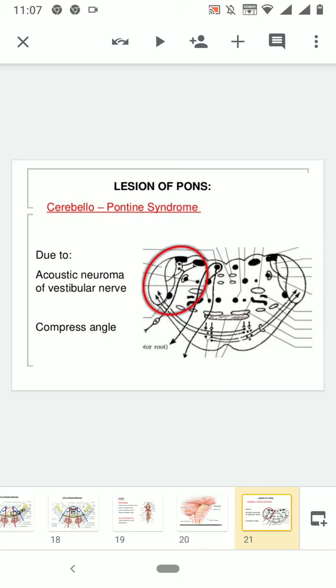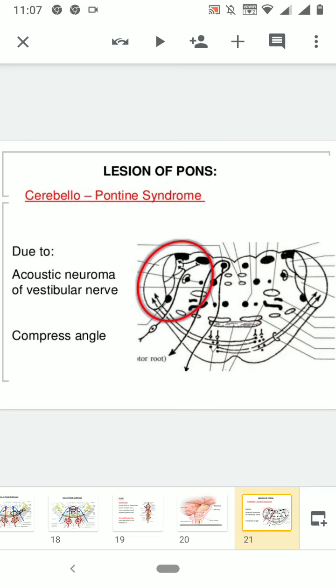Now let's see some of the clinical anatomy and the syndromes caused by lesions. I talked about the cerebellopontine angle. That is the angle between the lateral part of the pons and the cerebellum. There are some cranial nerves emerging from here, especially the facial nerve.